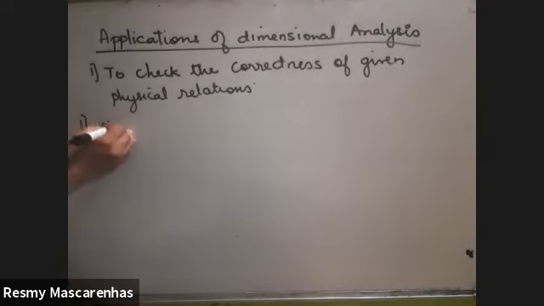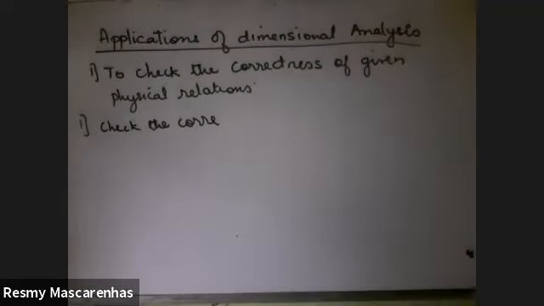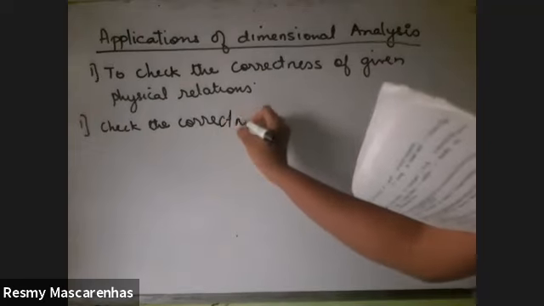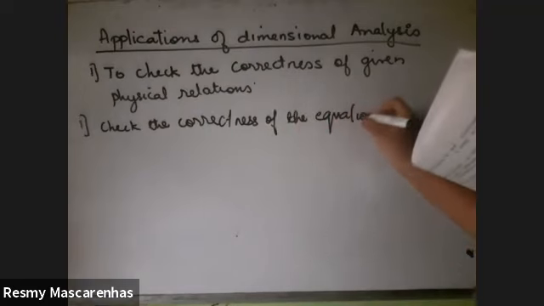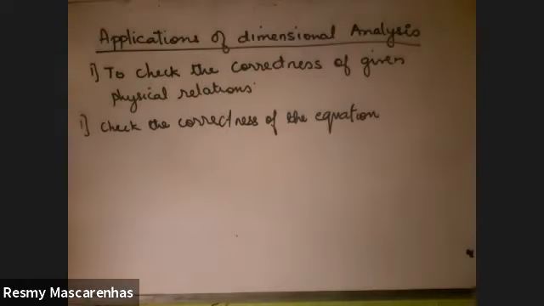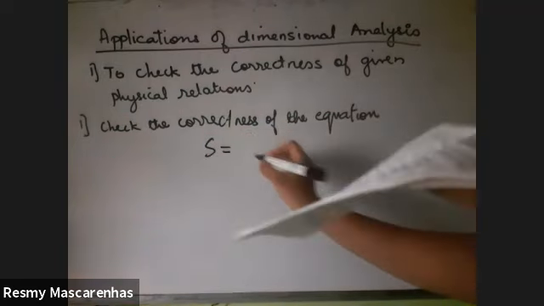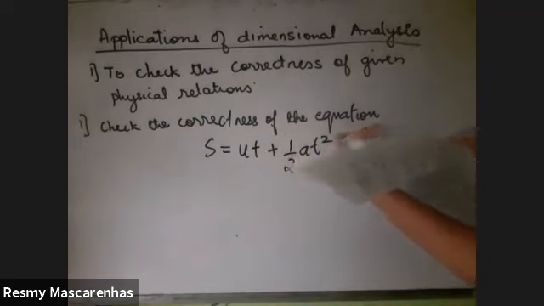The question will come like this: check the correctness of the equation S is equal to ut plus half at square.